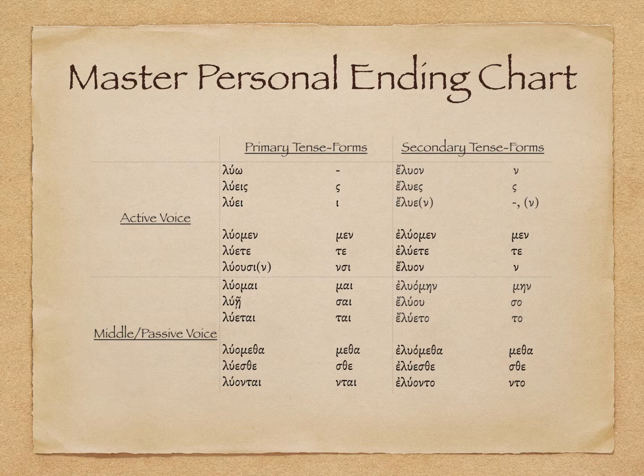You see a word that ends in tai, well, most likely that's going to be a third-person singular middle passive voice of a primary tense form. So you're thinking present, or you're thinking the future perhaps. So know these, and you'll be able to parse much more quickly and read more quickly.